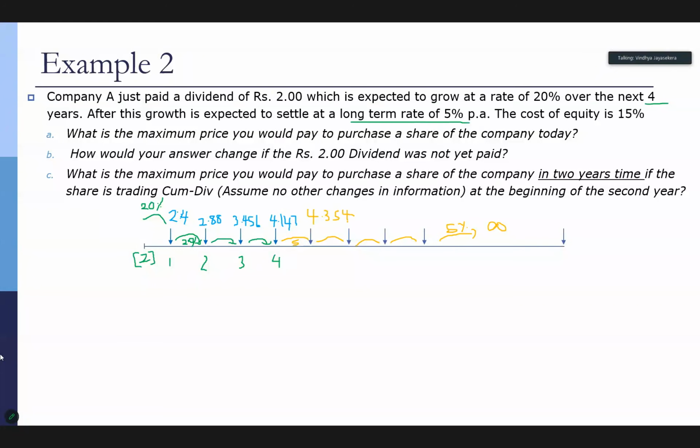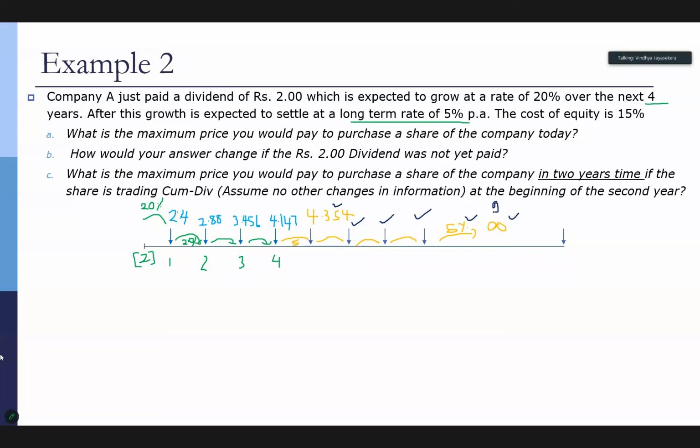And now it's asking, what is the maximum price you would pay? So I had to figure out the present value of all these dividends. It's simply a matter of discounting. So how do I do that? All of these dividends, including this, I can look at as a constant growth.